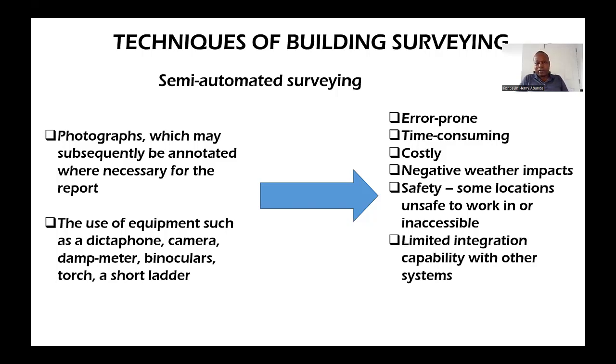And of course, you also have negative impacts from the weather, having to go around and spend too much time on site, where someone surveying a building can be affected by negative weather impacts. Things like rain may hinder the smooth running of the inspection process. Also safety. Imagine yourself in a room or on a roof. Some locations are unsafe to work in or inaccessible.